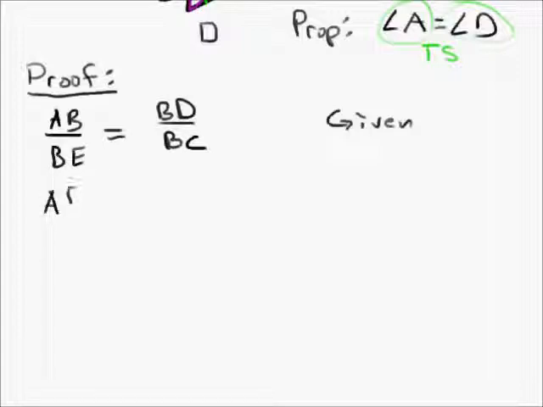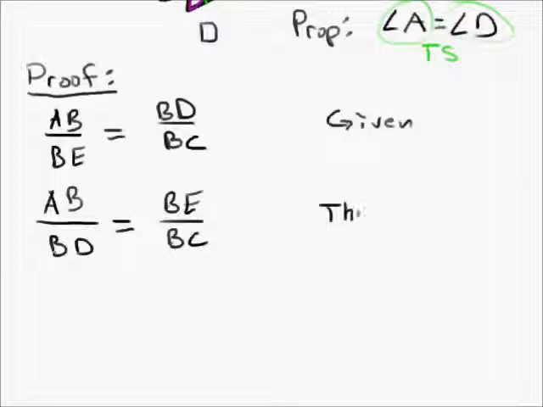And I want AB divided by BD to be equal to BE divided by BC. And we can do that either using cross multiplication or simply writing, hey look, this was part of theorem 6.2. It tells us all the different ways when we have this proportionality set up, we can change it around. Okay.